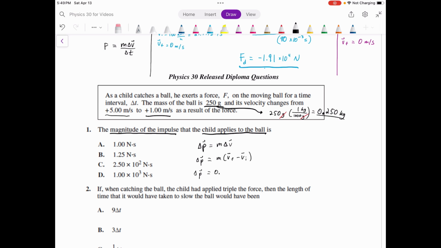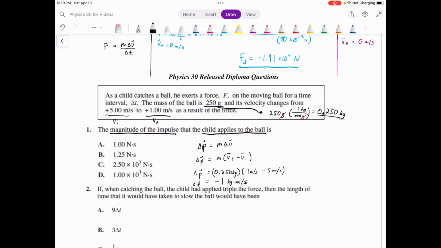So here we go, 0.25 kilograms times our final velocity. So always read carefully, right? From 5 to 1. So this is where it ended up. That's V final, this is V initial. So 1 meter per second minus 5 meters per second. And therefore our change in momentum, our impulse, is 0.25 times -4. That gives us -1 kilogram meters per second.